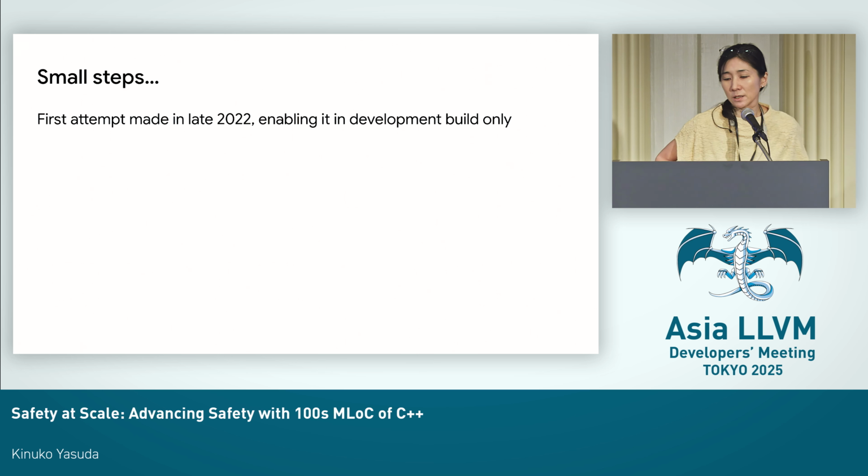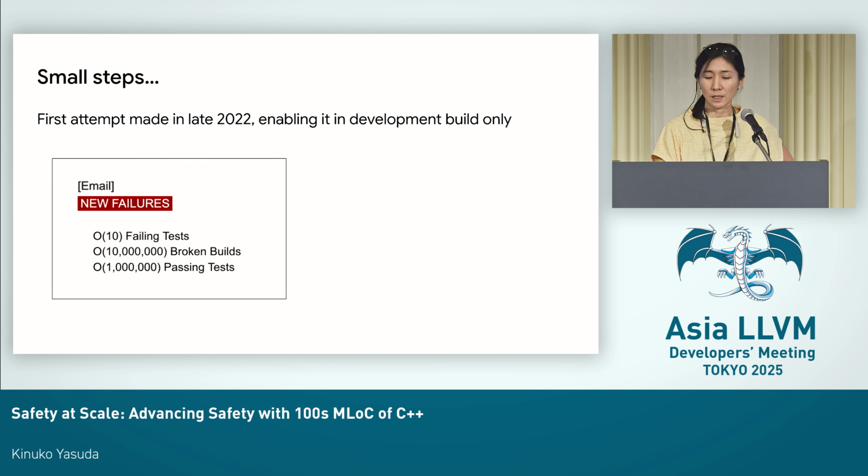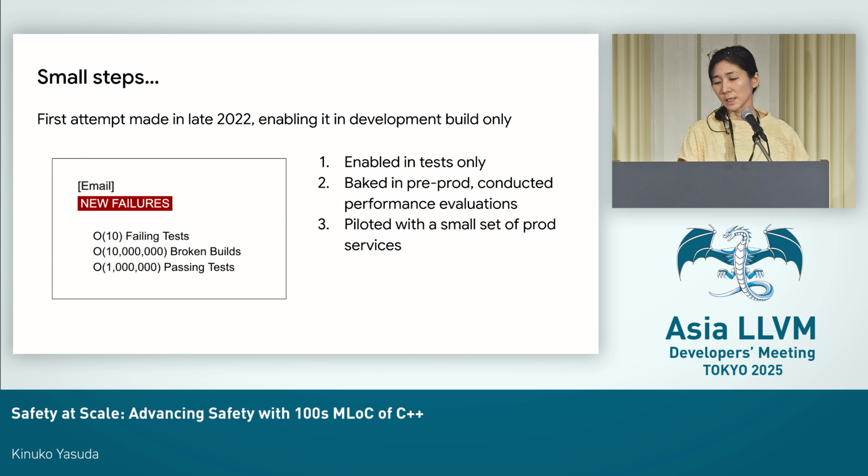So we started with smaller steps. First, we enabled it in tests only, which revealed nearly thousands of bugs already. This convinced us that there would be more bugs lurking behind. So we stepped through enabling it in pre-prod and piloted it in a small set of production services. We also conducted performance evaluations, and the results actually looked promising.